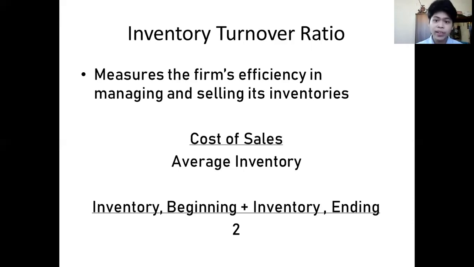So for inventory turnover, what we do is cost of sales or cost of goods sold divided by average inventory. So again, since it is an average inventory, inventory beginning plus inventory ending divided by 2.